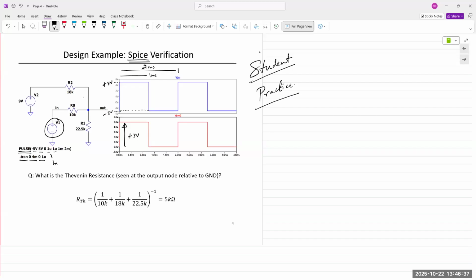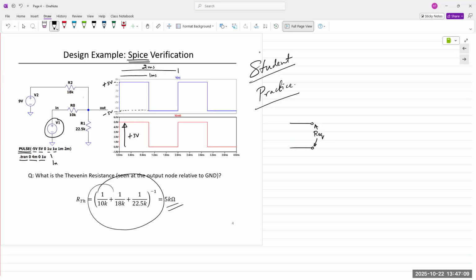Okay. Now that we have 3 resistors in there, if you're simply looking at the output, meaning the 2 output terminals, the 3 resistances will have our equivalent. And because you have 2 voltage sources in there, if you short them all out, all 3 resistors will be in parallel. And so the total RTH, or Thevenin resistance, of the entire circuit is those 3 resistors in parallel, which gives us 5 kilo ohms.